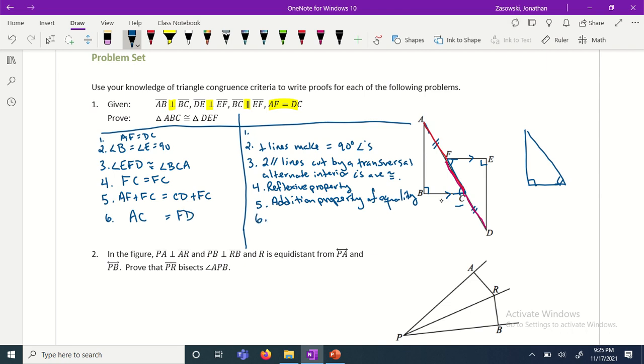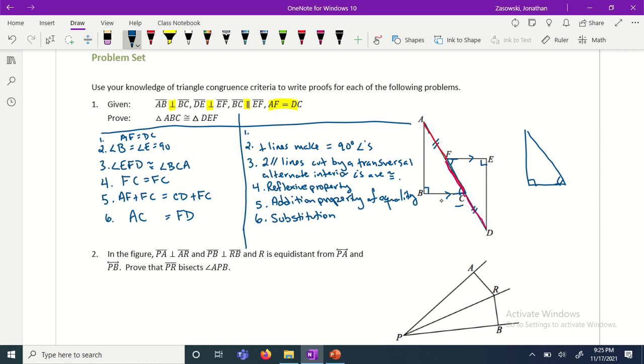The reason is we're just taking this sum and replacing it with what it's equal to. Could you write FCD? You could, but we're just going to put FD. Nice. And this is just substitution. You can also call this segment addition, but substitution is easy to remember.